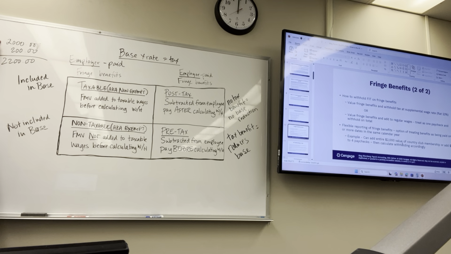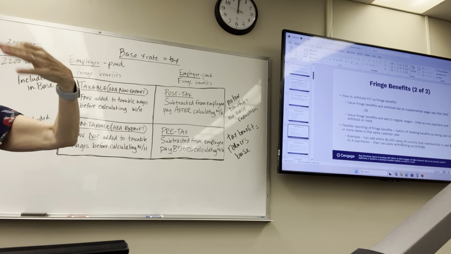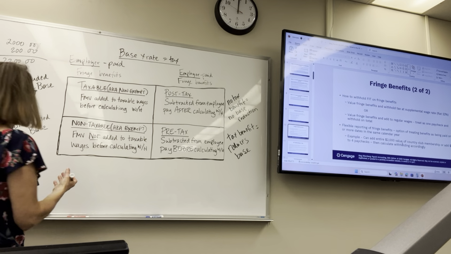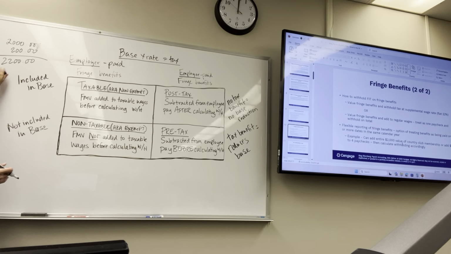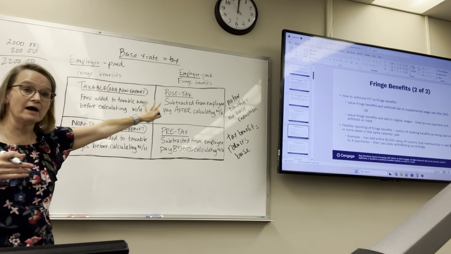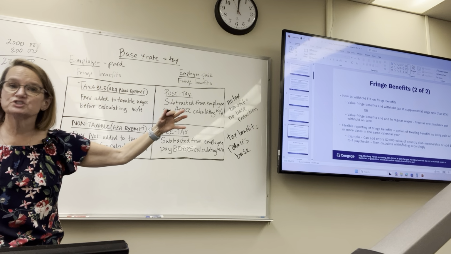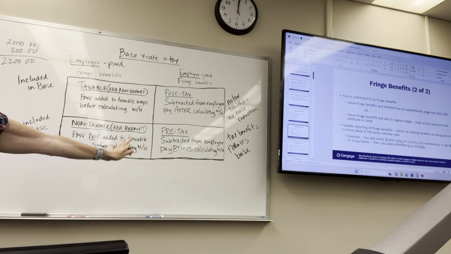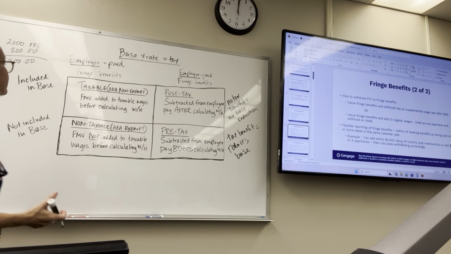Even though their gross pay was $2,000, we have to add this $200 because they've got a taxable fringe benefit that they have to pay tax on. So we can add it to our base and go through the calculations the normal way, just as though they were paid $2,200. The other thing that we can do is tax this $200 separately.